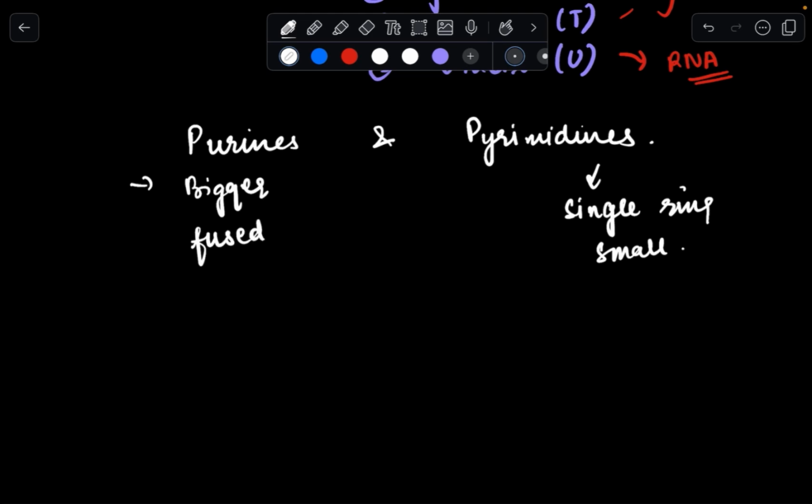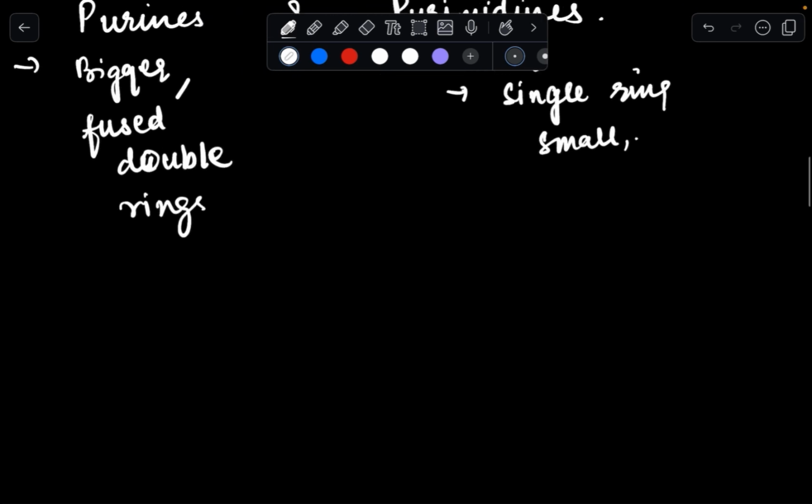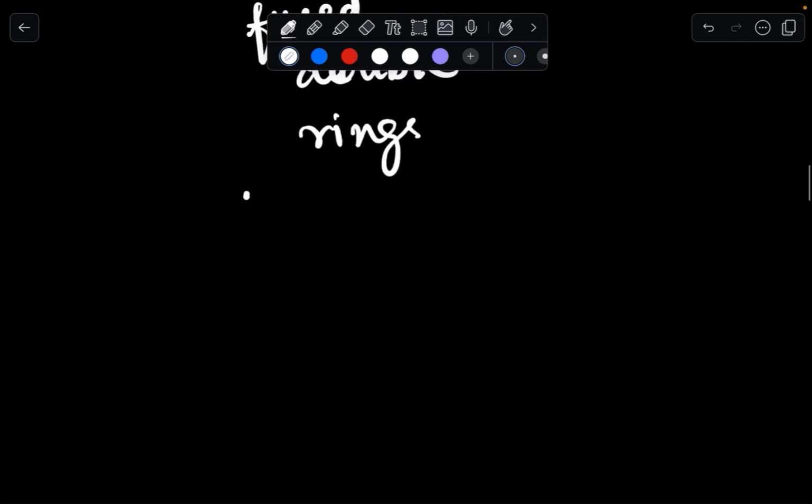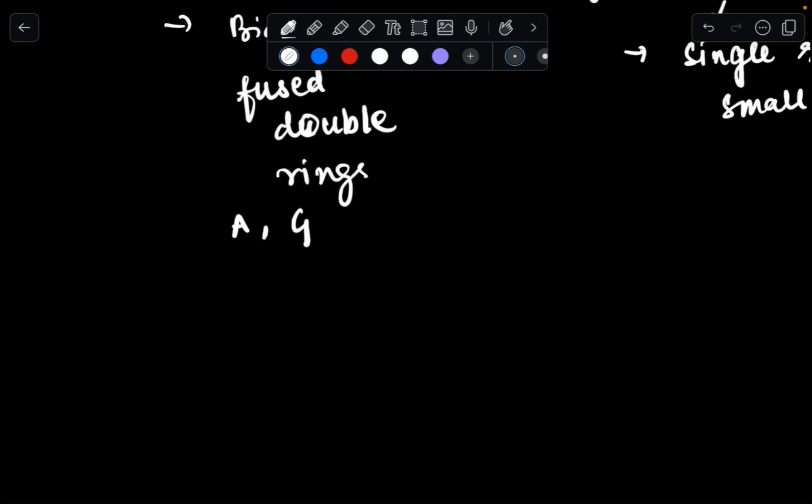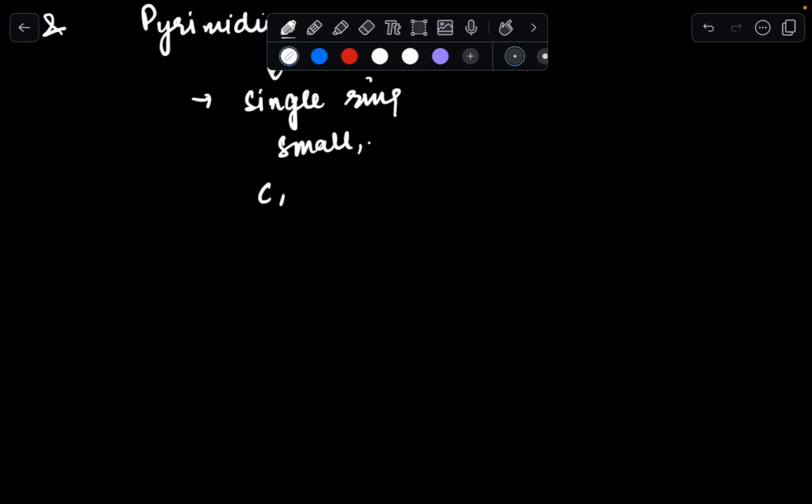They have two rings which are fused together. So adenine and guanine are purines, while cytosine, thymine and uracil are pyrimidines.